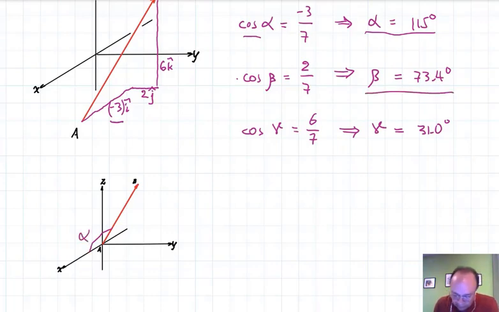Beta will be the angle that the vector, or the rubber band, makes with the y-axis. That will be this angle here. And gamma will be the angle that the rubber band makes with the z direction. And that will be it.